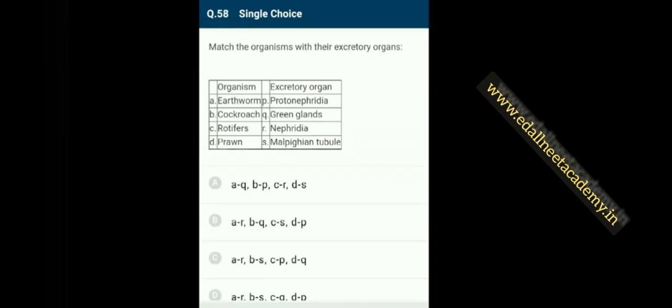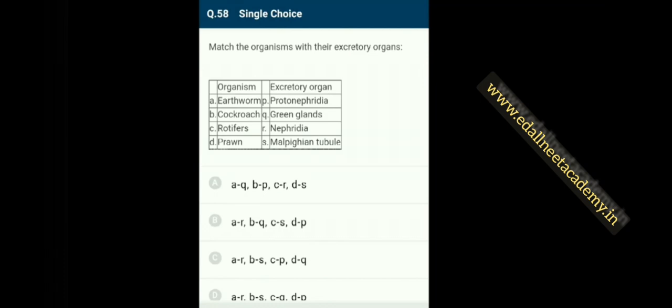Question number 58. Match the organism with their excretory organs. Earthworm is a segmented worm belonging to the phylum Annelida and has an excretory system comprising nephridia. Cockroach is an insect from Arthropoda. Its excretory organ is the Malpighian tubule, which helps in removal of waste from the body.